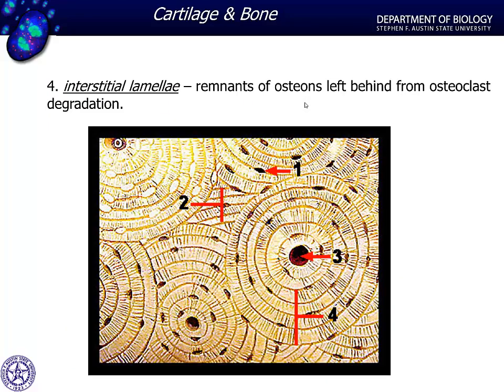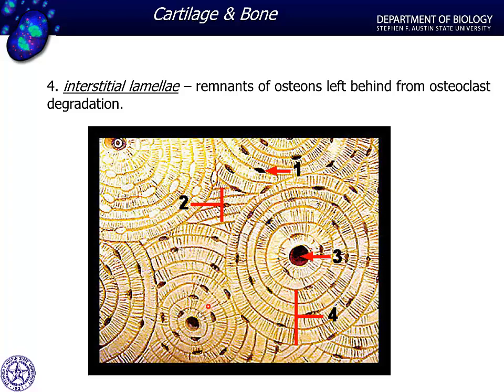Now, in addition to the lamellae that represent our haversian system, the concentric rings, we're also going to have lamellae that are left over after osteoclasts have remodeled bone. Osteoclasts aren't necessarily going to get rid of everything. So in this illustration, we can see that we have an osteon, again, made up of a couple of different layers. Here we have our haversian canal in the center.